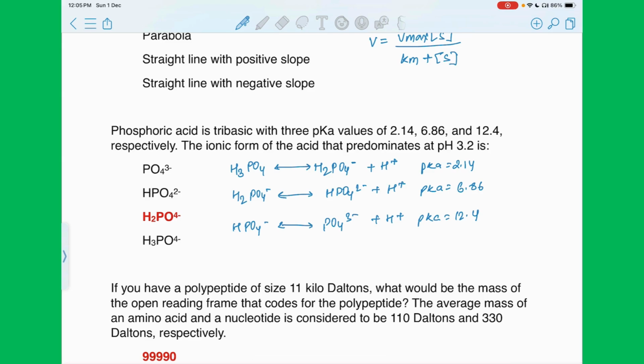The ionic form which is dominant at pH 3.2 will lie between these two values, but we see that 3.2 is more closely to 2.14 rather than 6.86. So the predominant form present will be H2PO4 minus.